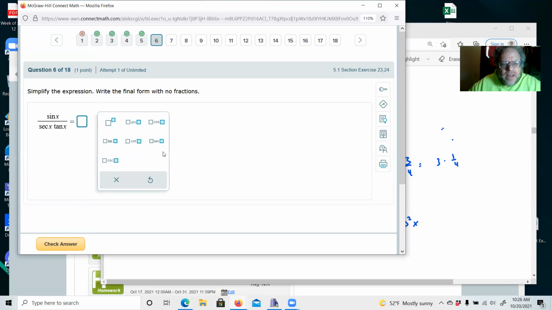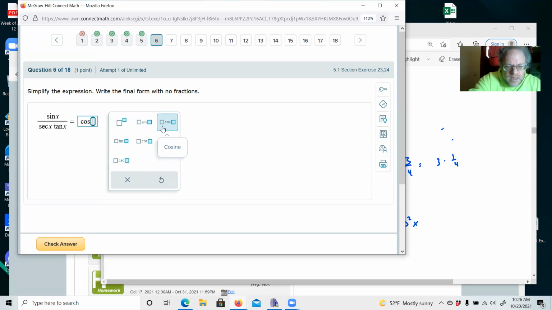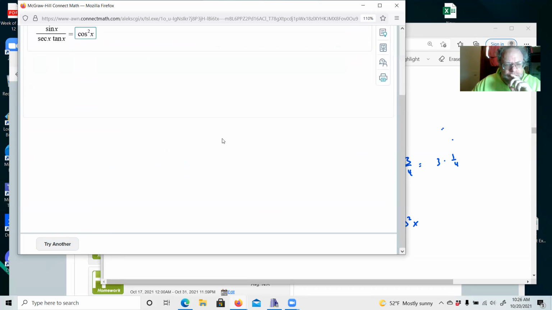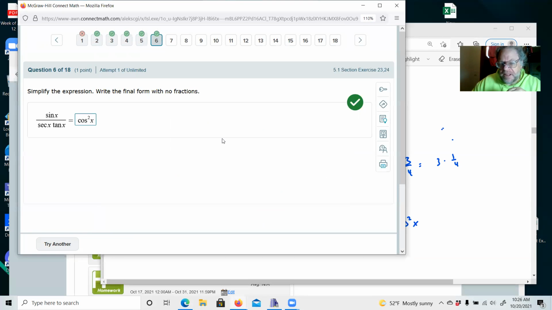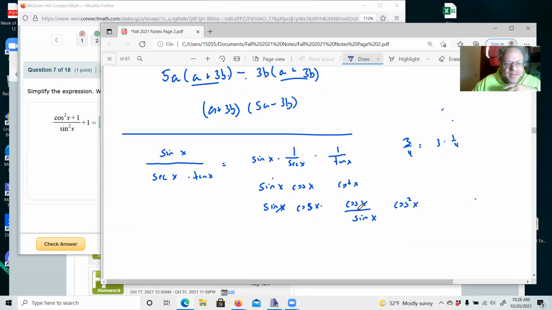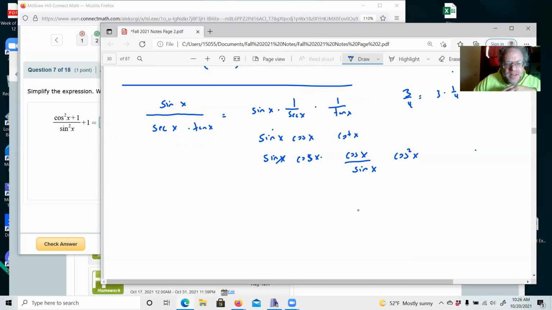Okay, so we're going to say cosine squared x. All right. Okay. And again, crossing my fingers every time I do this, because I guess is that the form they wanted? I don't know. I hope so, but I can't be sure. Okay.